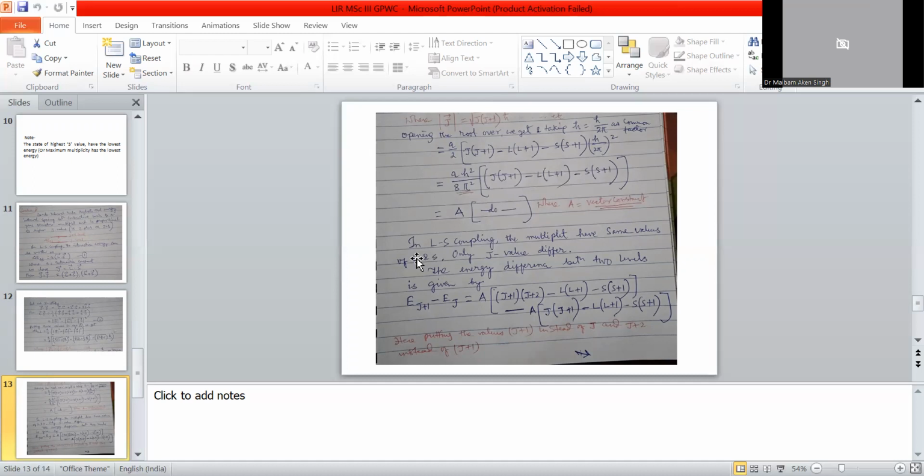In the LS expression, the multiplier has the same value of L and S as mentioned in the above part. Only the J value changes.